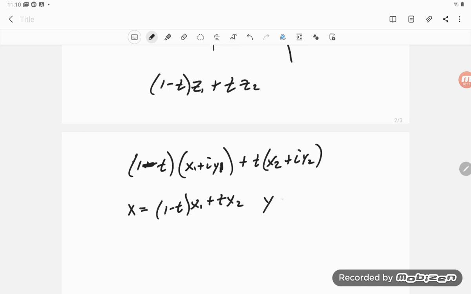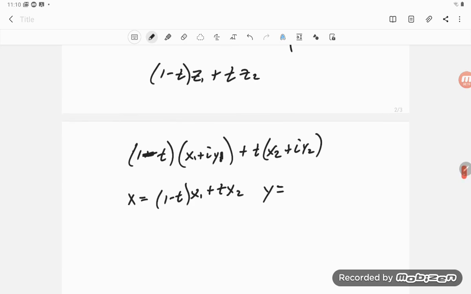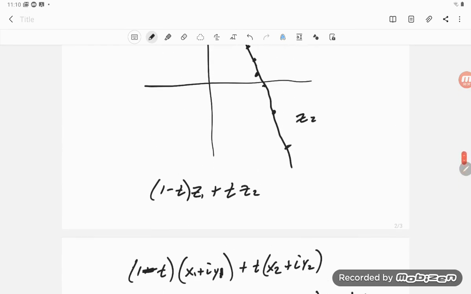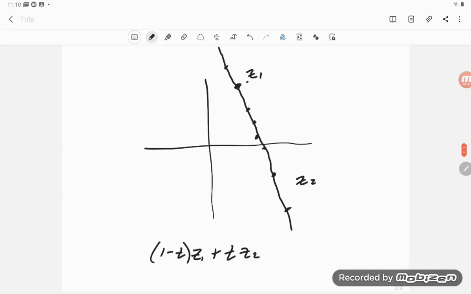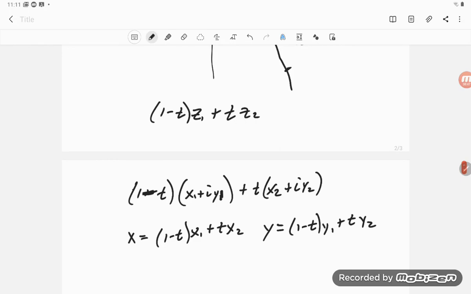And a given y, now I won't have the i's in here because I'm just looking at the imaginary part, just the real number that goes there. Then this would be (1 minus t) y1 plus t y2. Okay, and so that's a nice way to describe a line joining these 2 points in the complex plane. Alrighty, and I think that is 5.3.